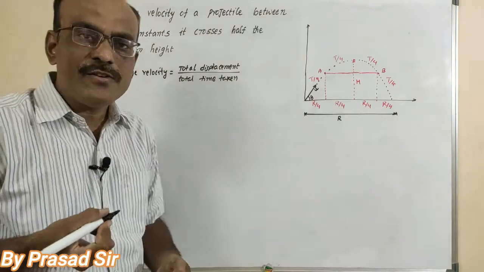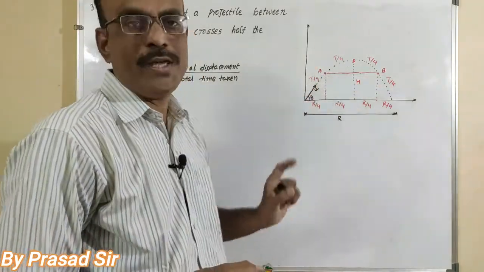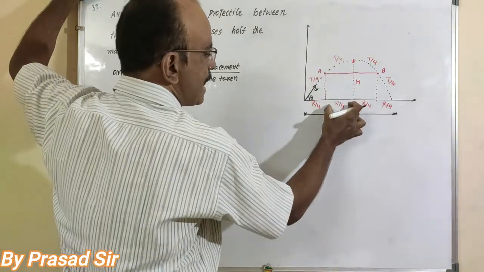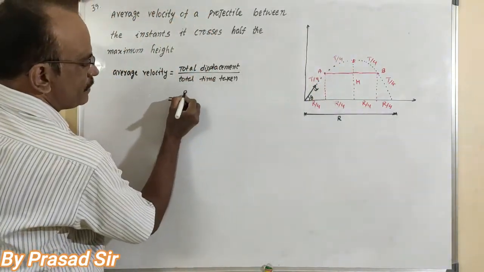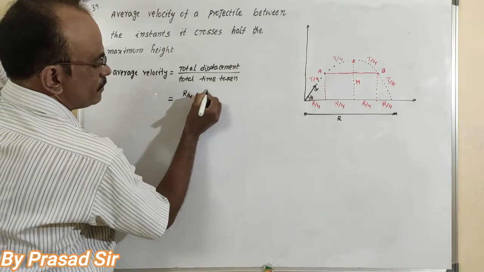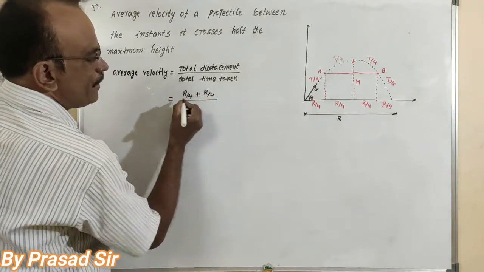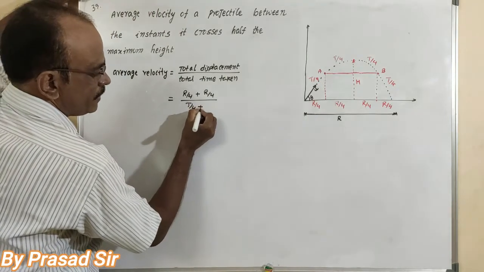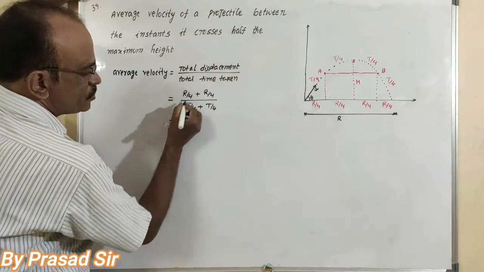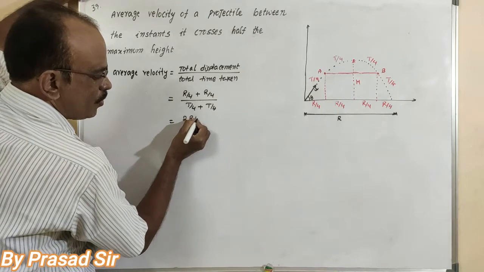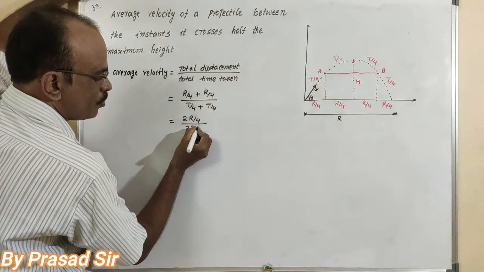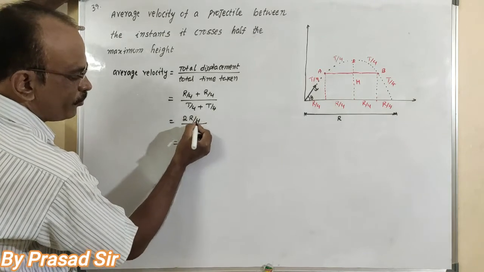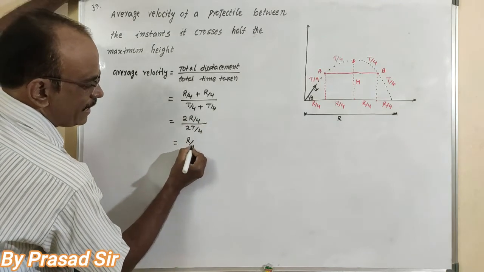So in between which points? From A to B. From A to B, total displacement is R by 4 plus R by 4, divided by total time taken, T by 4 plus T by 4. So this is 2R by 4 over 2T by 4. Cancelling the 4 and the 2, we get R by T.